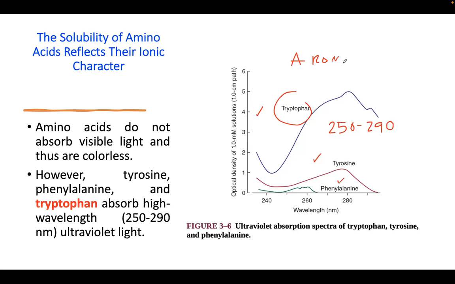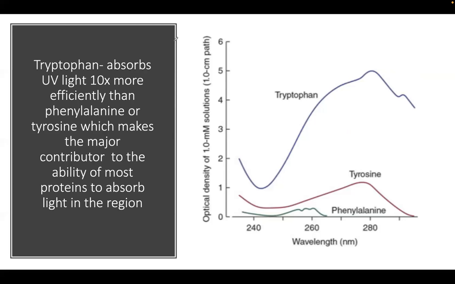They have aromatic rings. The three amino acids with aromatic rings are tryptophan, tyrosine, and phenylalanine. Here, as you can see, tryptophan absorbs ultraviolet light 10 times more efficiently compared to tyrosine and phenylalanine.